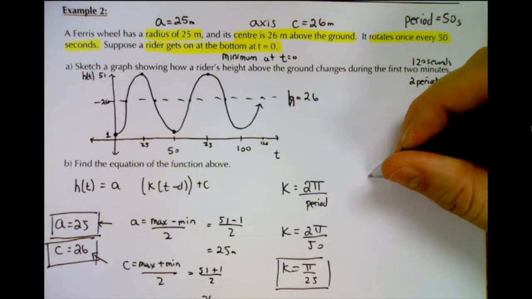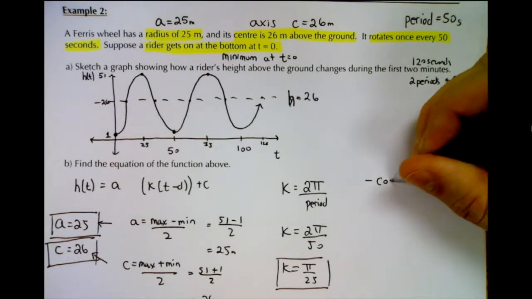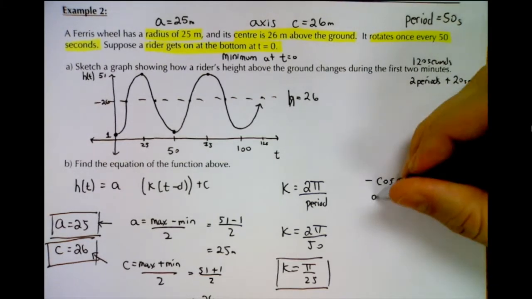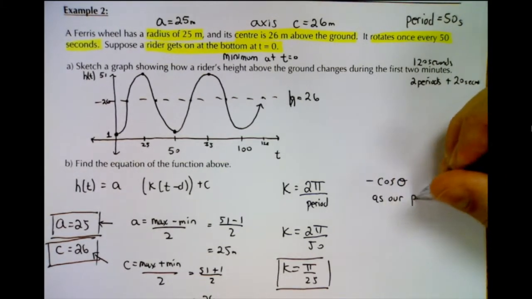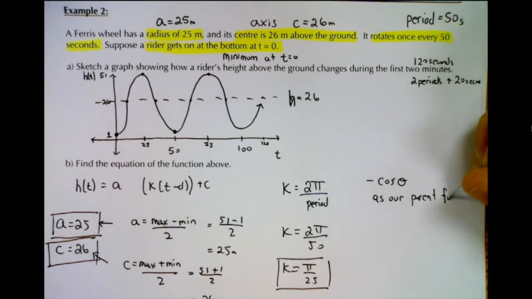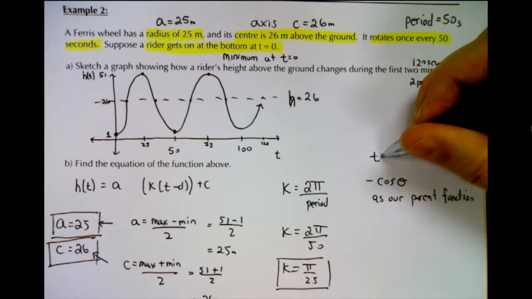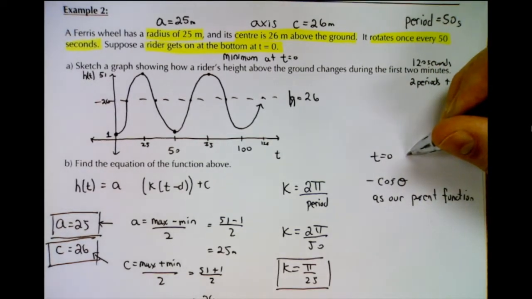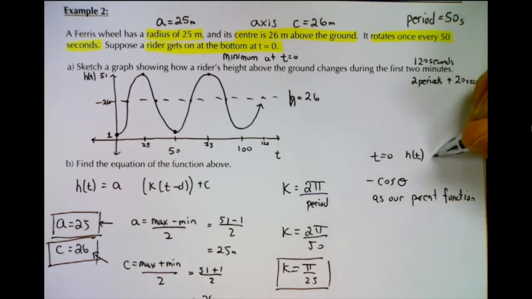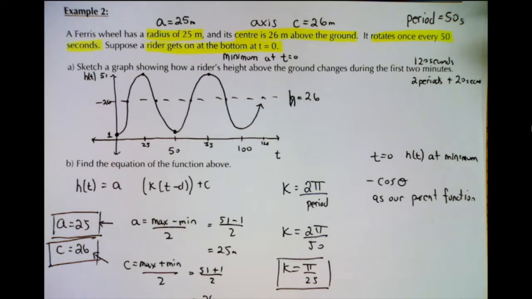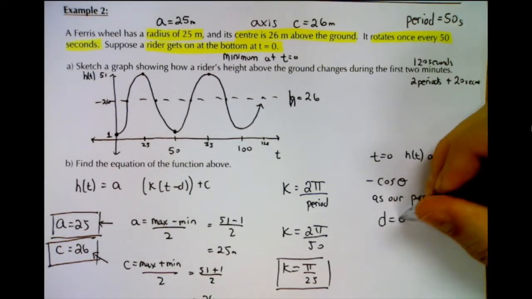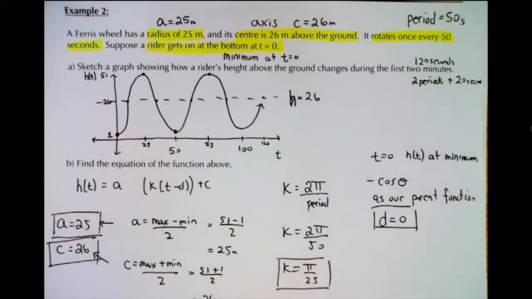So we use negative cos as our parent function. We know to do that because at t equals 0, the height is at a minimum, and when you use negative cos, your height is at a minimum. So if we use negative cos as our parent function, d would be 0 because we wouldn't have to shift left or right.